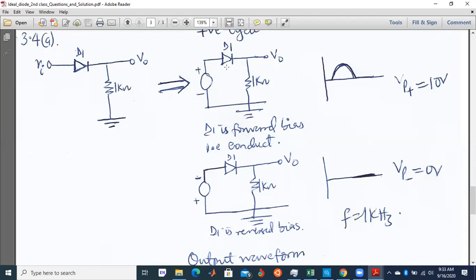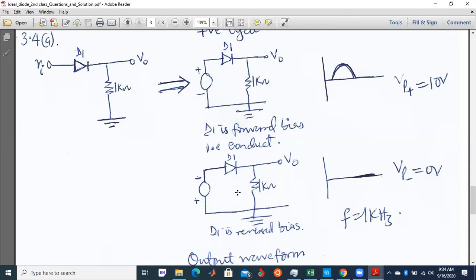If it is forward biased, this one will be shorted, replaced by a wire, right? Then the value of the supply here will be fed at the output, which will be positive 10 volts. That's the reason why you have positive 10 volts here.